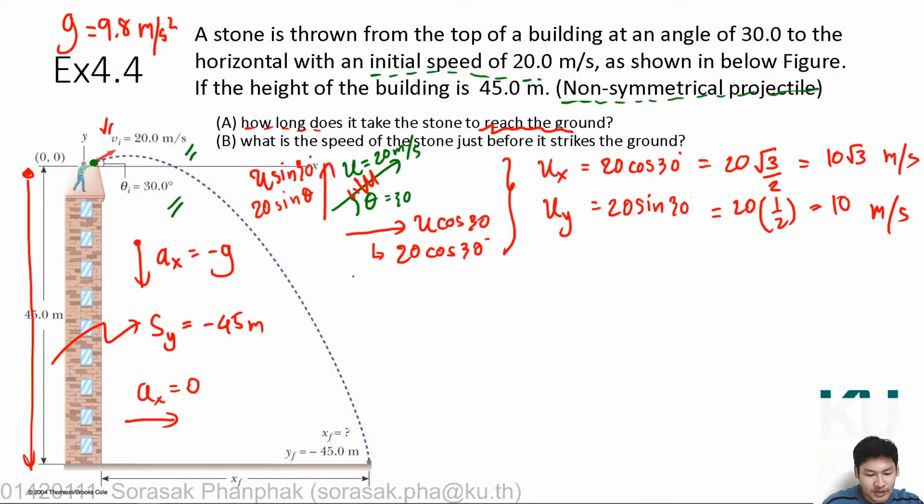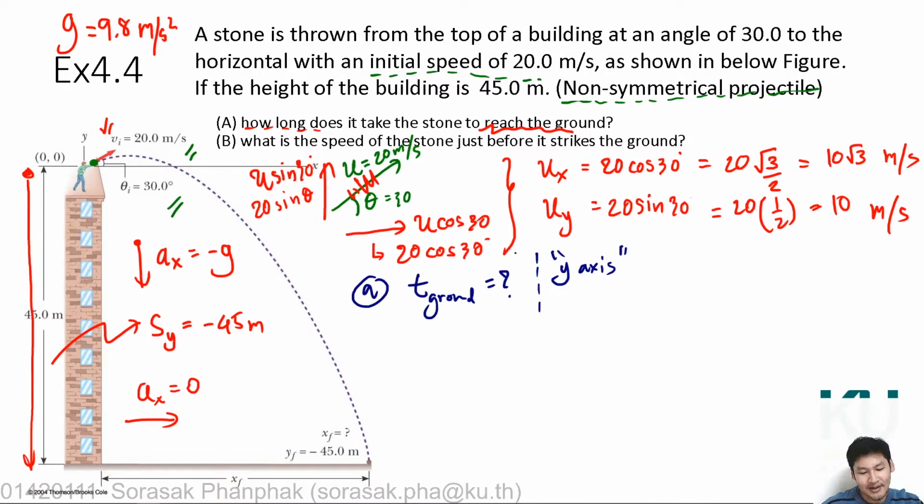If you would like to determine in part A the t to reach the ground, you can use the information of your initial u and separate and do the calculation only in the y-axis.